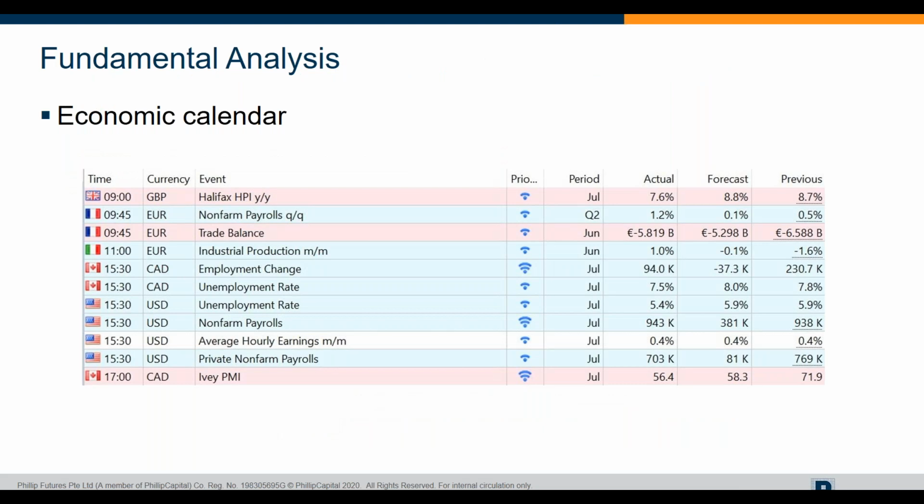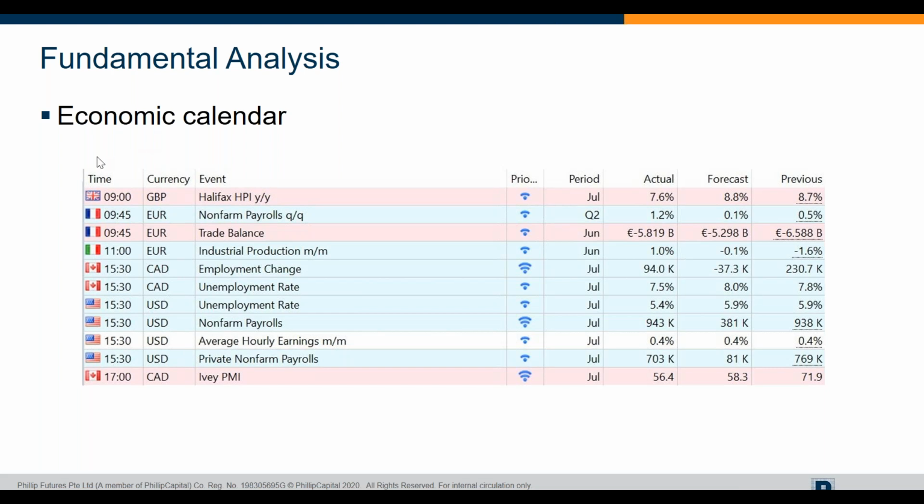Okay, so as a trader, how do I go and conduct all these fundamental analysis? On this trading platform that we have, there's something called the economic calendar, which is a calendar that lists out all the upcoming economic events as well as the currency that it affects.